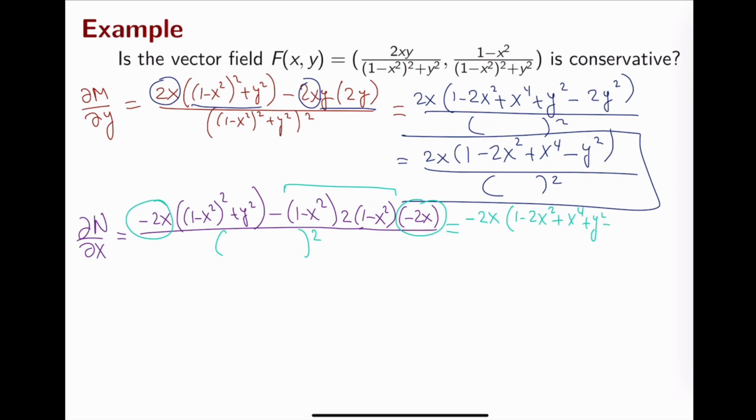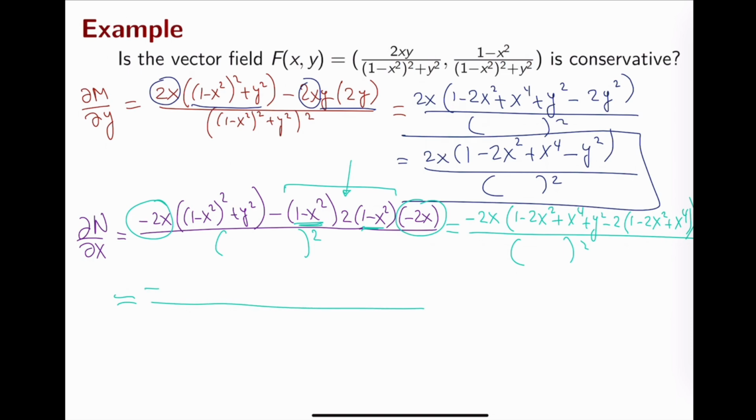So this is going to be minus, let's do this operation this way. We have a 2 here and here. Observe that we have 1 minus x squared times 1 minus x squared. So that's a square, right? So it's 1 minus x squared, squared, so that will be 1 minus 2x squared plus x to the 4, and divided by this square.